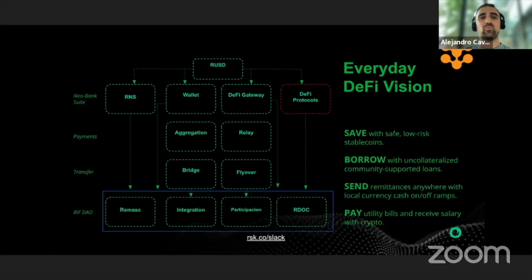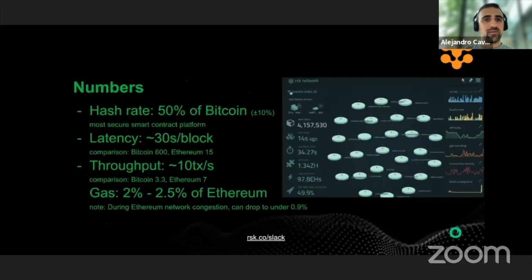So this is what we are trying to build, like everyday DeFi.